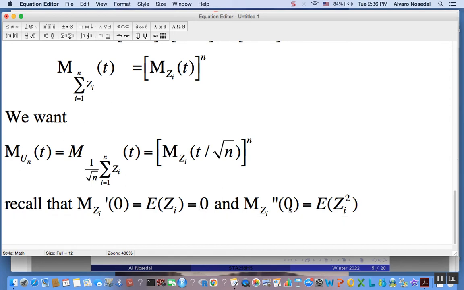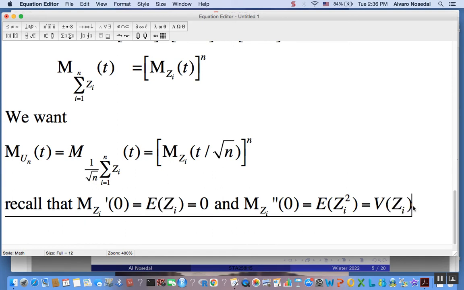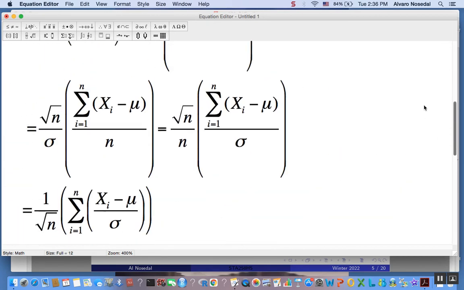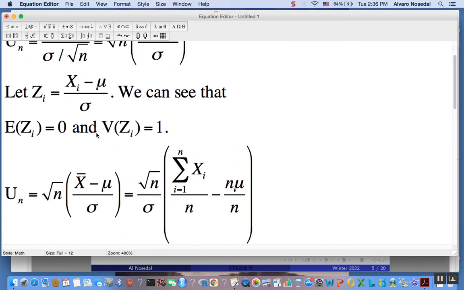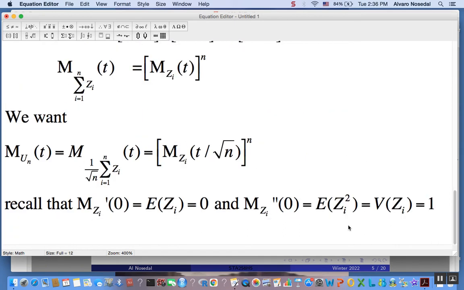Because remember that the variance is the expected value of your random variable squared minus the expected value of your random variable, the whole thing squared. But if the expected value is 0, 0 squared is 0, right? So this guy happens to be the variance of Zi. And that we know is equal to 1, by construction, by the way we constructed these variables. Okay, making progress.